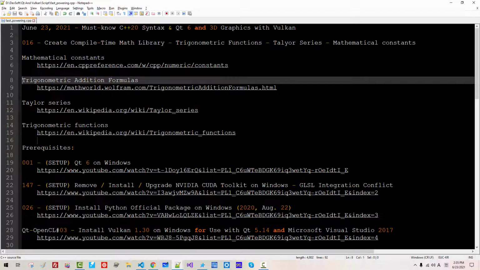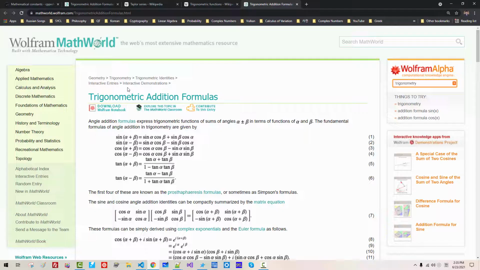We will refer to the trigonometric addition formula here. So sine of alpha plus beta can be represented as sine alpha cosine beta plus sine beta cosine alpha. Because alpha and beta represent half of x, we can say 2 times sine half x times cosine half x.